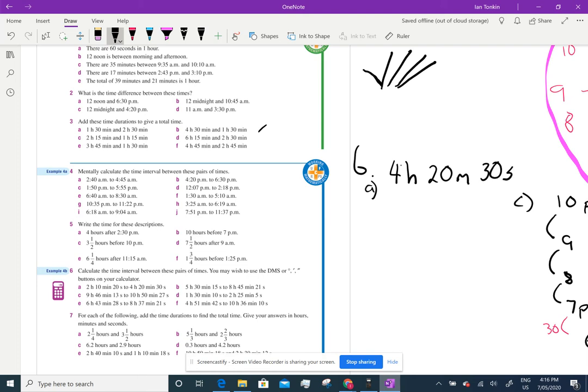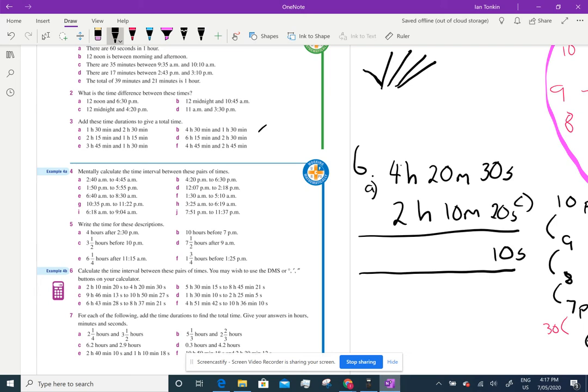And I've got a minus 2 hours, 10 minutes and 20 seconds. Now I can actually do that because they're all bigger. So 30 minus 20 will be 10 seconds. 20 minus 10 is 10 minutes. And 2 hours, 10 minutes and 10 seconds.